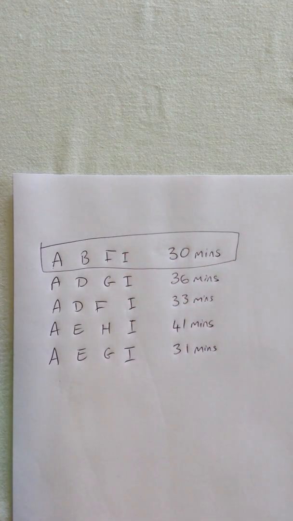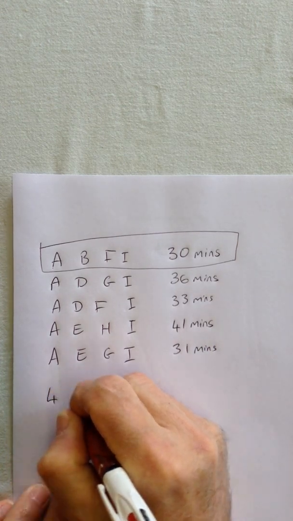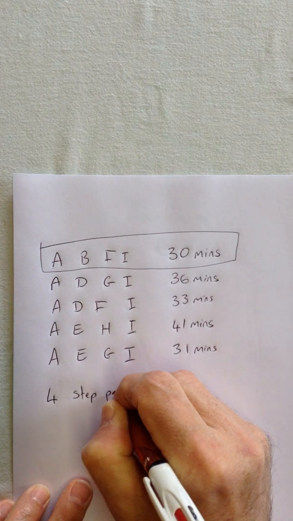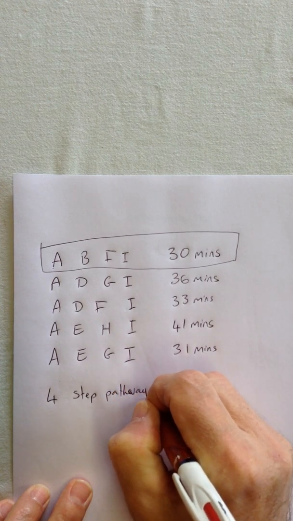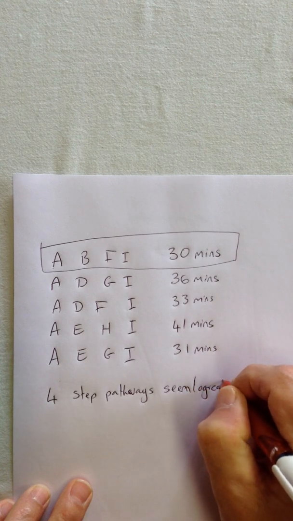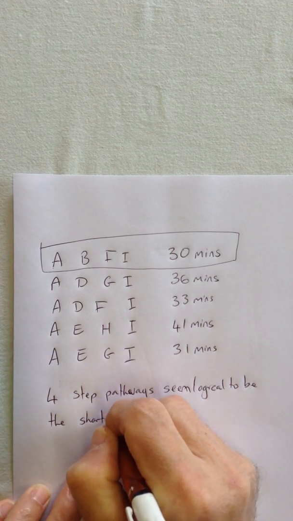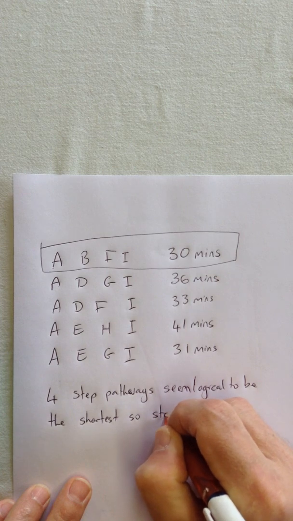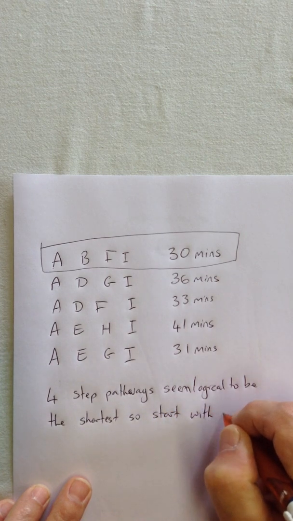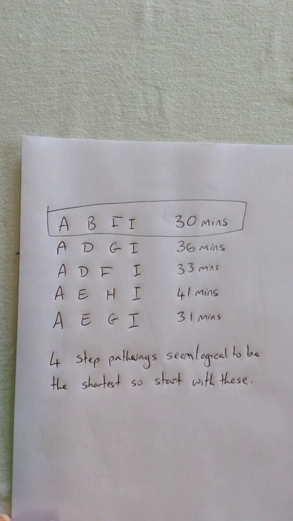I've got my series of logical steps here, so that is enough for merit, and I might justify it with a statement. 4-step pathways seem logical to be the shortest, so start with these. Okay, and I might throw in a 5-step pathway just to prove my point.